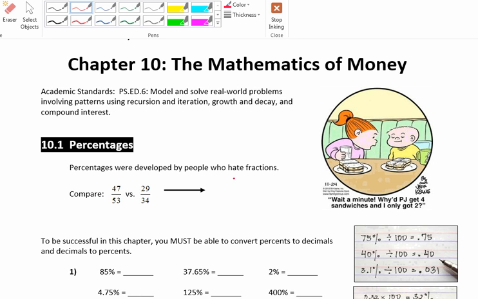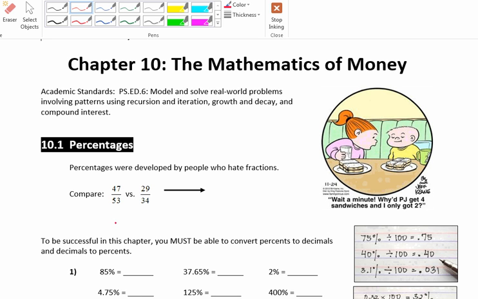Percentages, I believe, were developed by people who hate fractions. If I asked you to compare 47/53 versus 29/34 and said, quick, which one's bigger? Most people couldn't guess correctly, and you might think, okay, well, they're both more than half. So about the easiest way to do this is to turn each of these into a decimal.